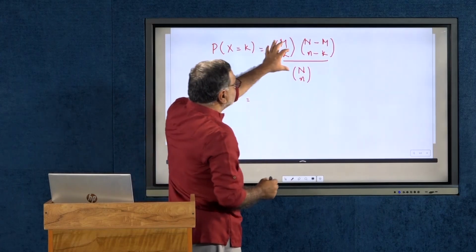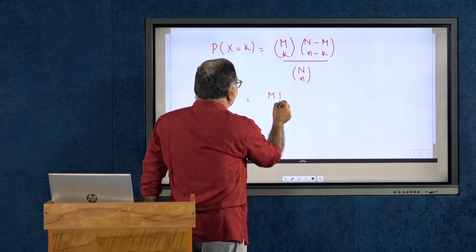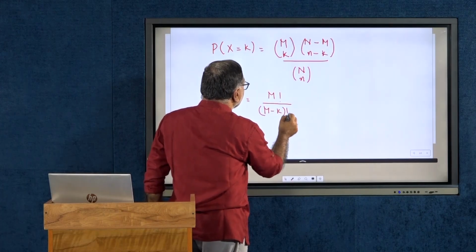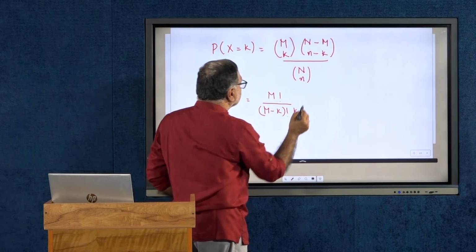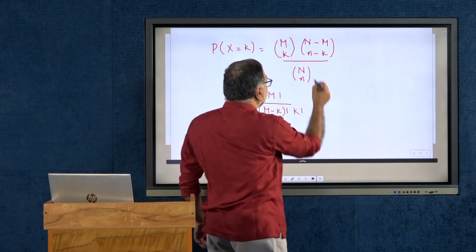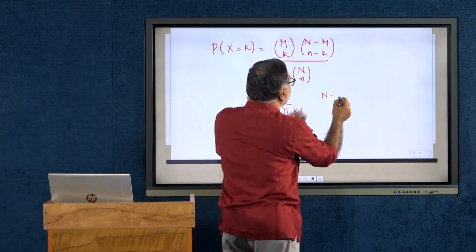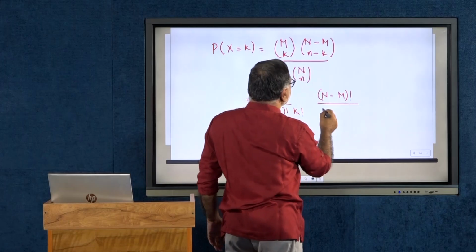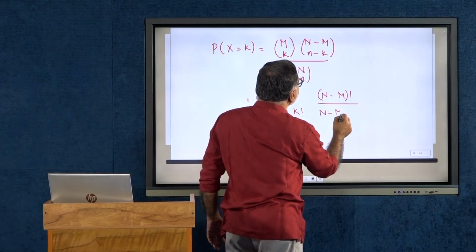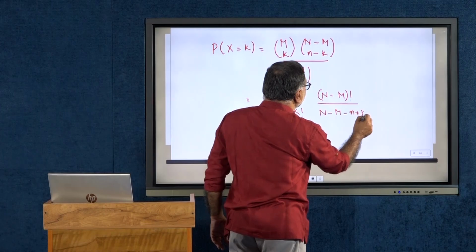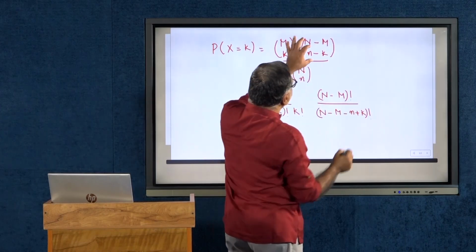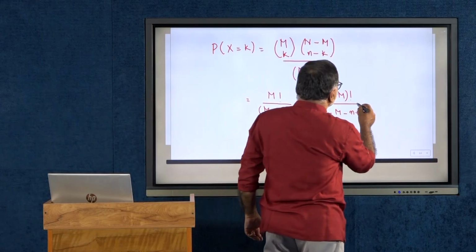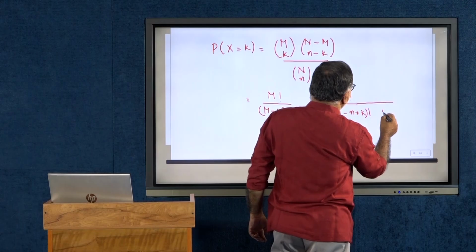Now consider this M factor: MCk is M factorial divided by M minus k factorial into k factorial, and N minus M C n minus k is N minus M factorial divided by N minus M minus n plus k factorial, into n minus k factorial.